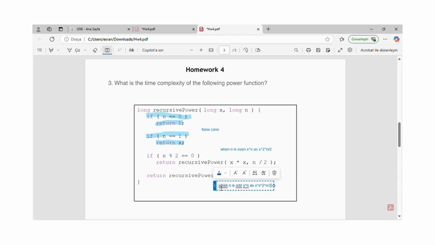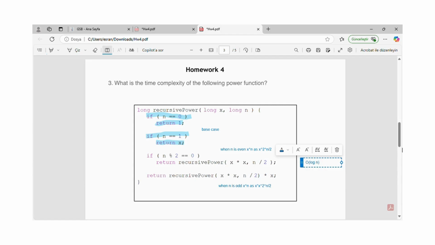In each step, n becomes n over 2. This means the number of steps required is about log base 2 of n. So the total time complexity is O(log n).